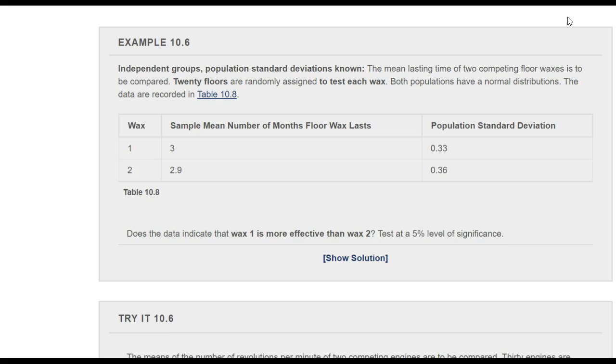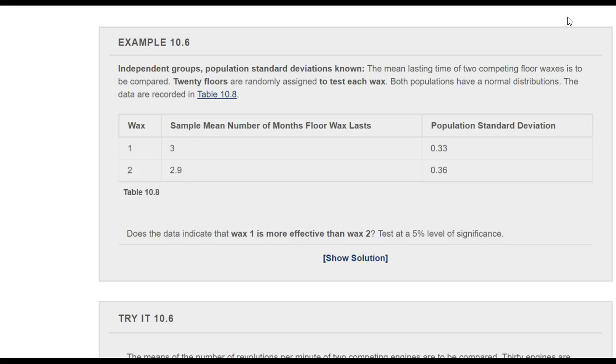We want to know, does the data indicate that wax 1 is more effective than wax 2? We're going to test it at 5% significance level. Now we need to translate this "more effective." If it is more effective, that probably means it lasts longer, and lasting longer is just another way of saying greater than.